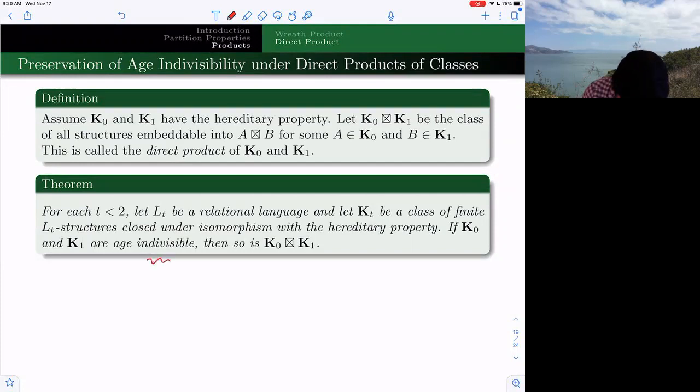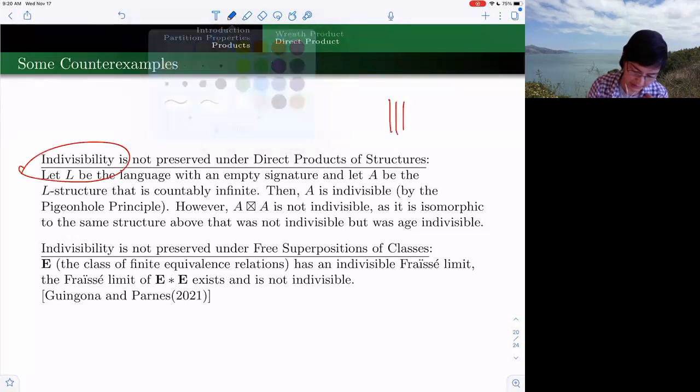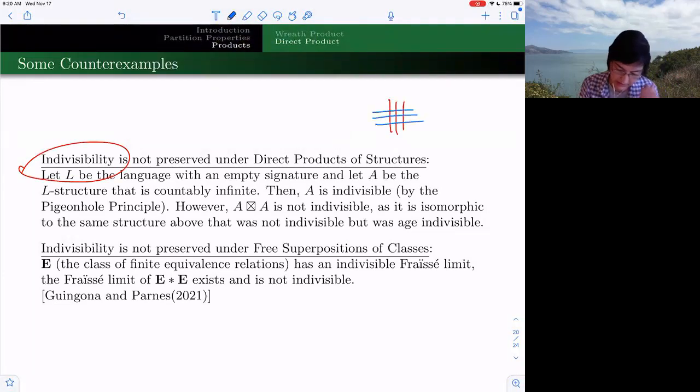For the age indivisibility, we're good, but actually not for the indivisibility. And that's that first example that I presented with the classes going this way and going this way. Because the infinite thing was not indivisible, even though just an infinite set is indivisible.